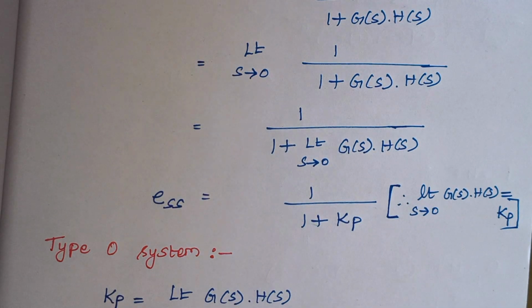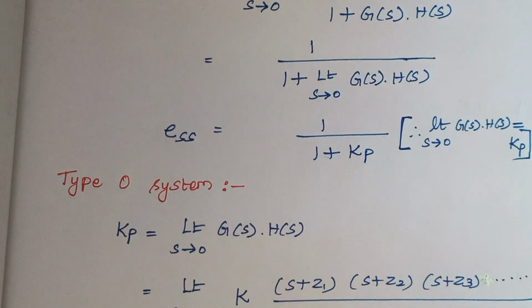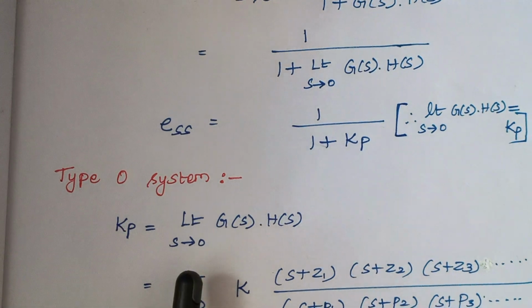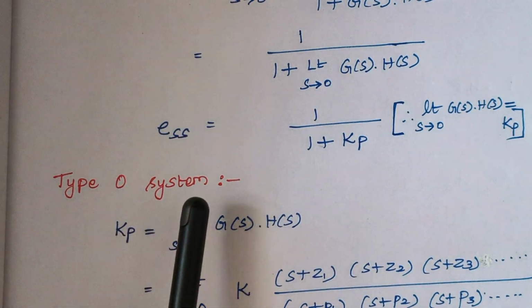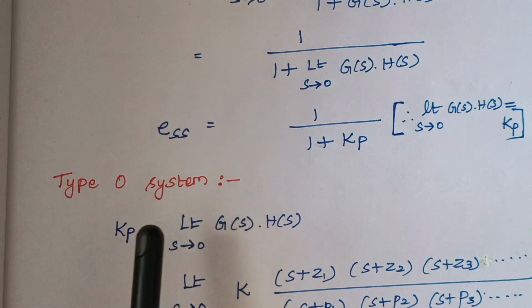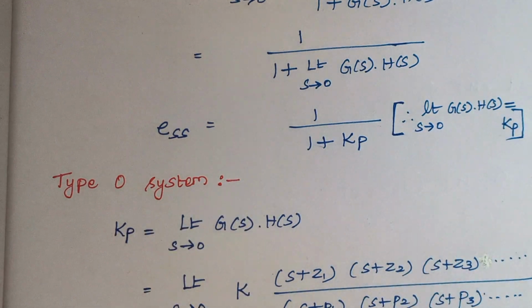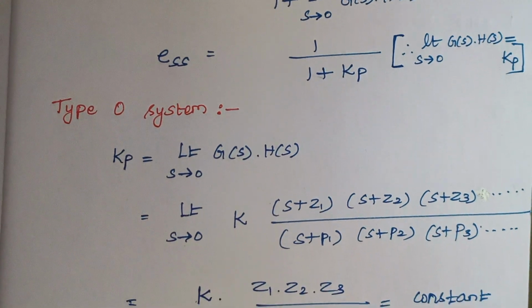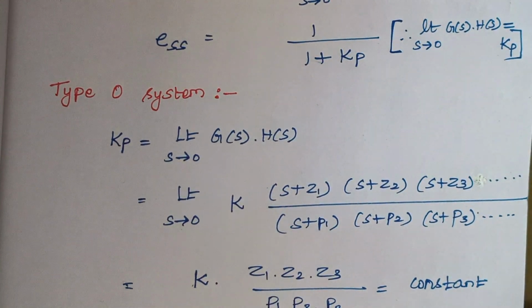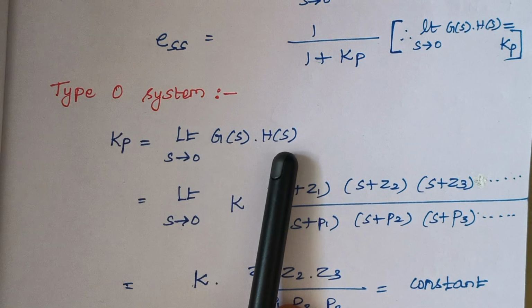Now we are going to analyze whether this expression suits a type 0 system and a type 1 system. First we are considering a type 0 system. As we all know, for a type 0 system the denominator won't have any s term. Here Kp is given by the formula limit s tends to 0 of g of s into h of s.